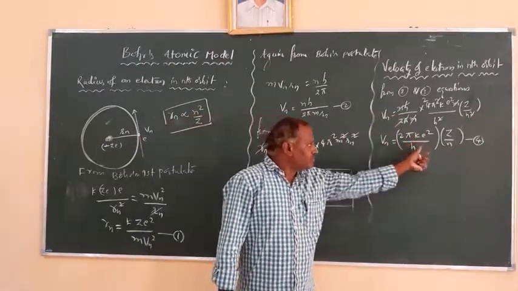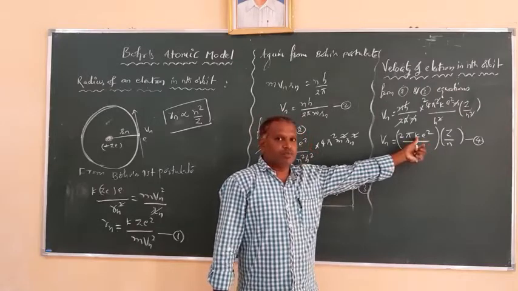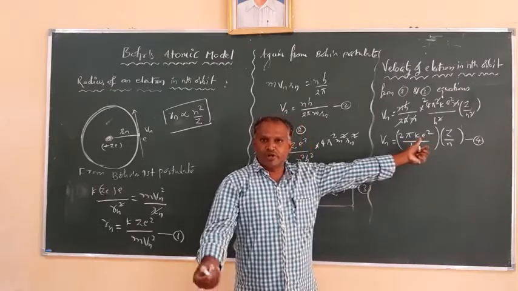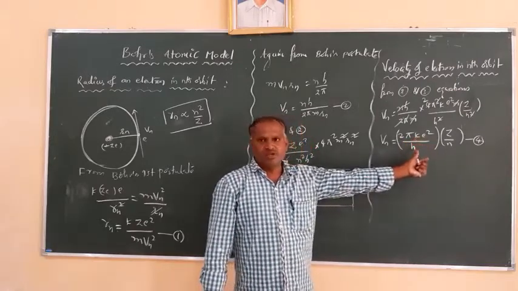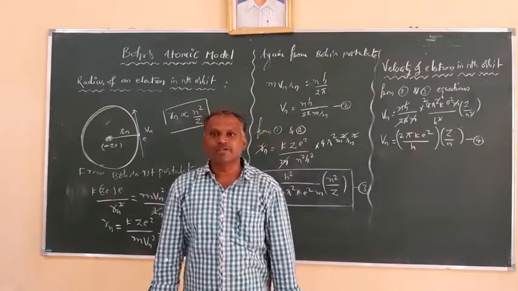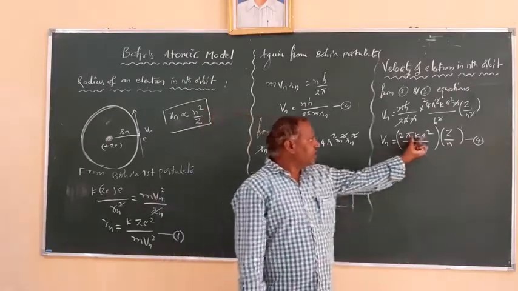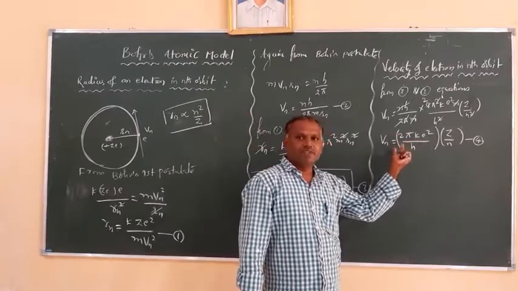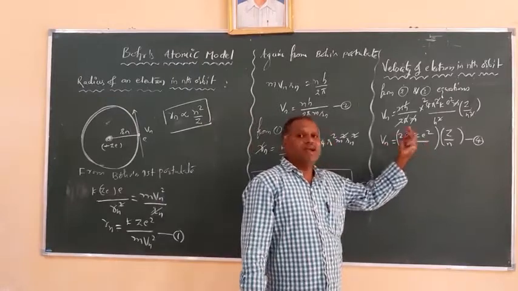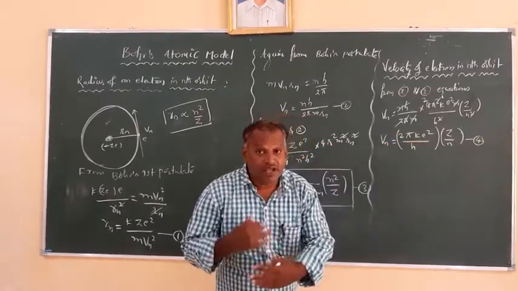Now if you substitute the constant values, k is 9 into 10 power 9, e is 1.6 into 10 power minus 19 whole square, h is 6.62 into 10 power minus 34 joule second, in this equation, you can write it in terms of comparison with velocity of light.